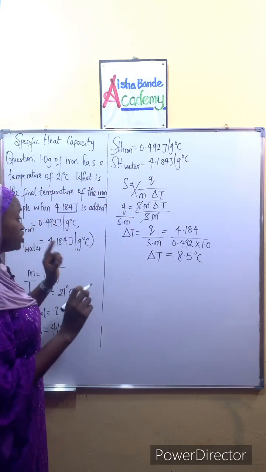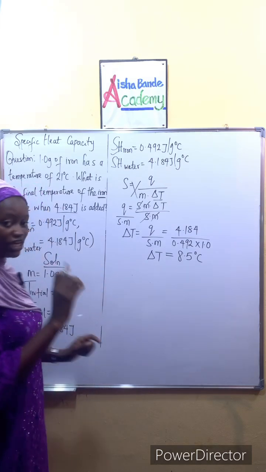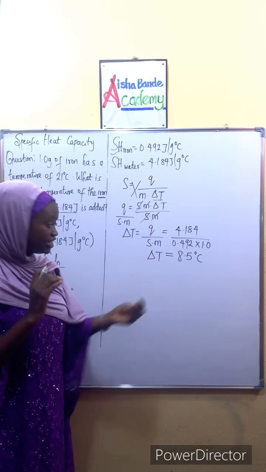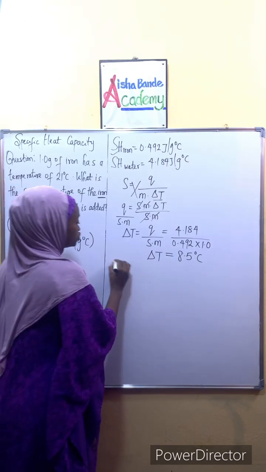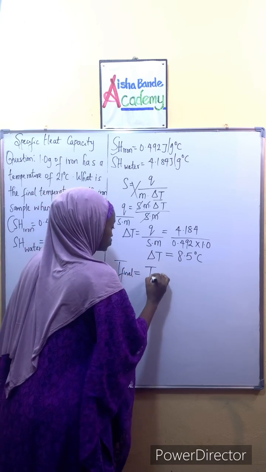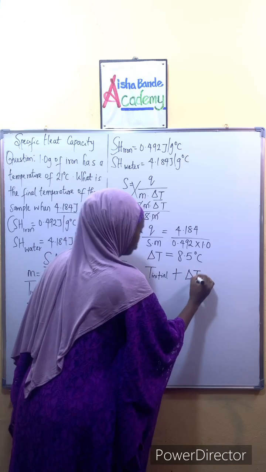But remember, the question is not asking us to find the change in temperature, but rather the question is asking us to find the final temperature. So there's a relation we use to get the final temperature. We're going to use the relation which says that the final temperature is equal to the initial temperature plus the change in temperature.